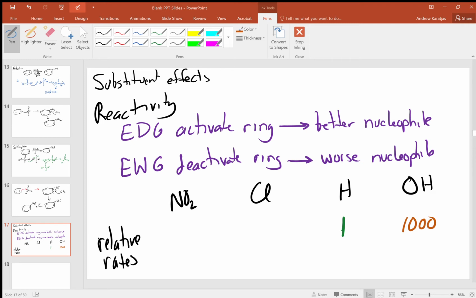Whereas, putting a chlorine on the aromatic ring, chlorine is electron withdrawing, and it'll slow down the rate of that reaction by almost a factor of 100. A strongly electron withdrawing group, like a nitro group, almost 1,000,000,000 times slower. So the identity of whatever group we put onto the aromatic ring has a significant impact on how quickly, or in some cases, whether the ring will react at all.